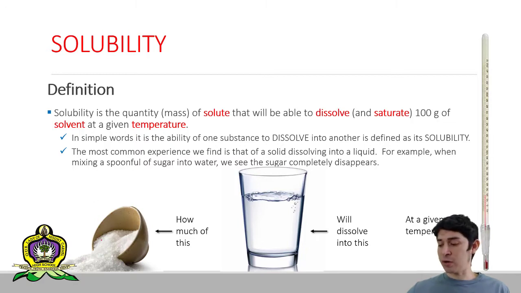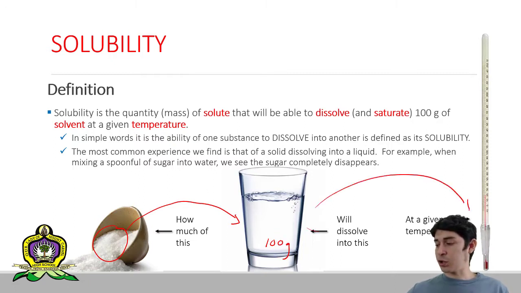Solubility is how much of the mass, so look at the picture there, how much of the mass can dissolve in 100 grams of water at a certain temperature. That is more or less what solubility is. How much mass can dissolve inside of 100 grams of water at a given temperature.